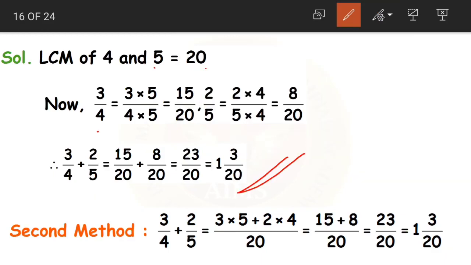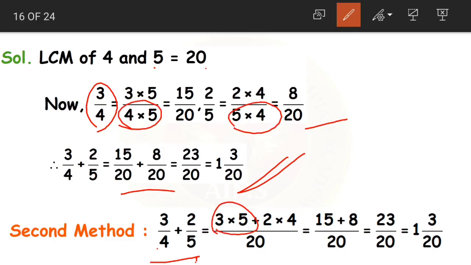First we found the LCM and converted them into equivalent fractions separately and then added. Or else, another way to do this is, instead of doing this separately, after we write 3 by 4 and 2 by 5, the LCM we got is 20, right, students? So simply write the denominator 20 here and just multiply the numerators.